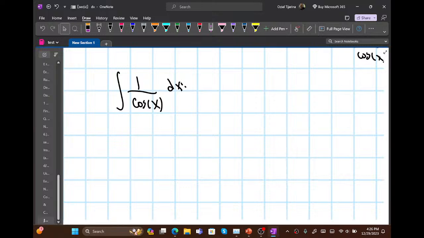And if you're wondering why, it is so that we can get the bottom in the form of a Pythagorean identity and use U substitution. Again, guys, honestly, I don't know why they're doing it this way, but this is one of the ways that I know how to do it. It can be done for other trigonometric functions or integrals as well, I think, but I just don't remember off the top of my head.